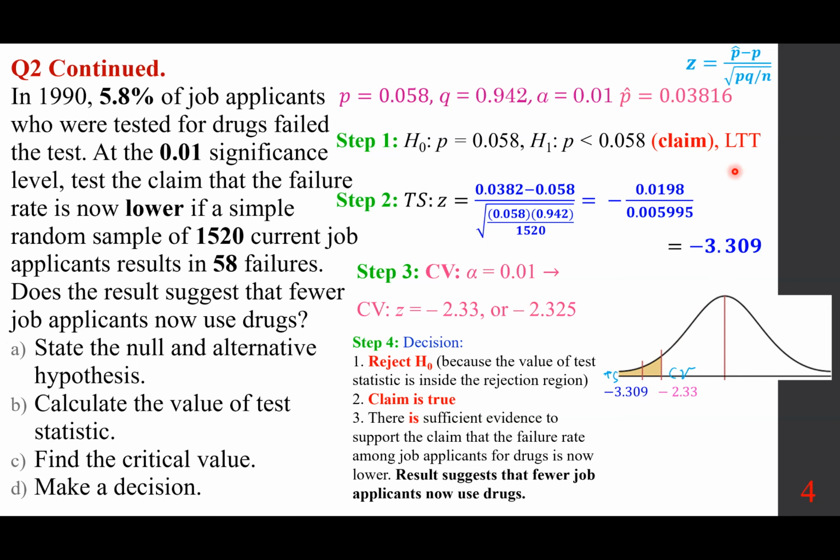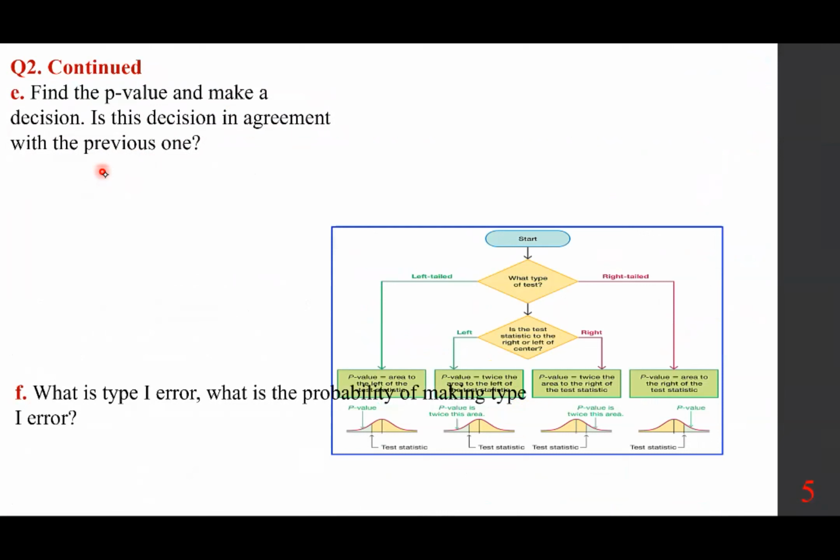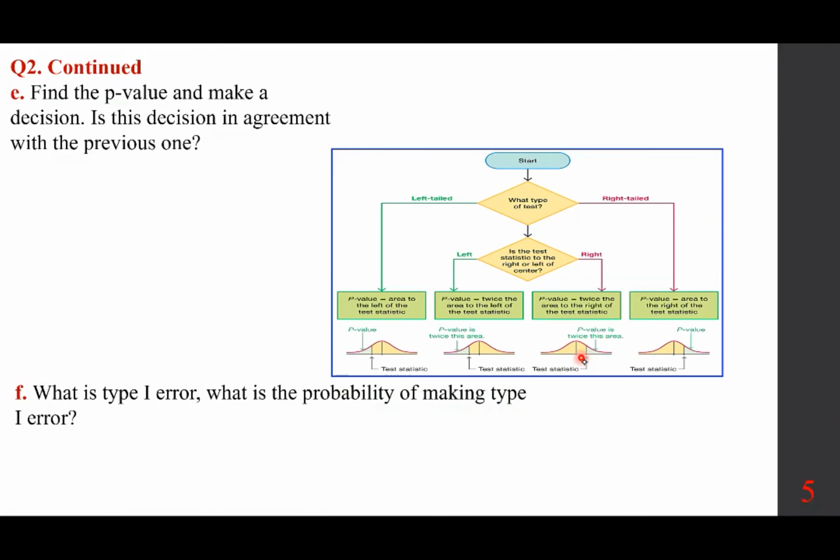And because it's a left-tail test, the area to the left of that becomes your p-value, and you compare it to alpha. So let's go over that method. So you do it by the method they ask you. Most of the time, technology does that. So I want to find the p-value and make a decision. Is this decision in agreement with the previous one? Well, first, let me explain about the p-value.